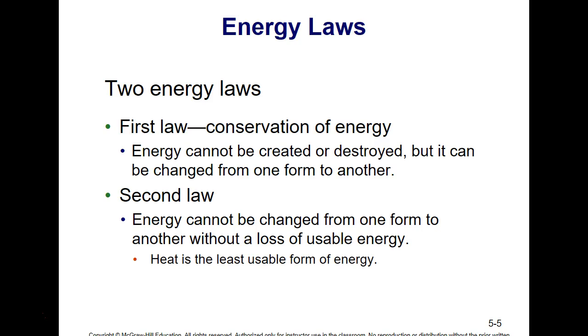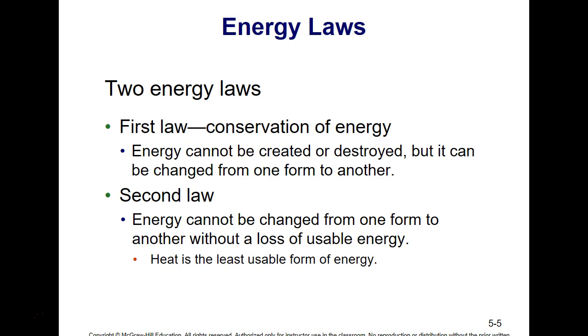There are two laws. The first law is conservation of energy: energy cannot be created or destroyed, but it can be changed from one form to another. What that simply means is, as we just looked at, potential energy can become kinetic energy.